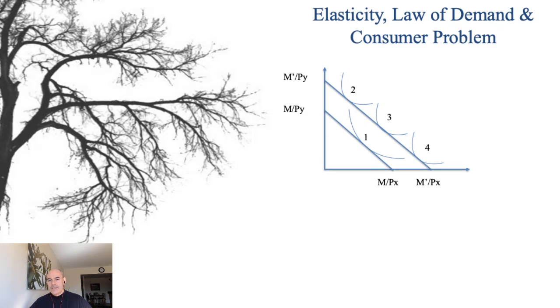So whether they're substitutes or complements will constitute the direction of the move and the magnitude, especially the degree of substitution or degree of complementary relationship, because some goods are more substitutable than others.